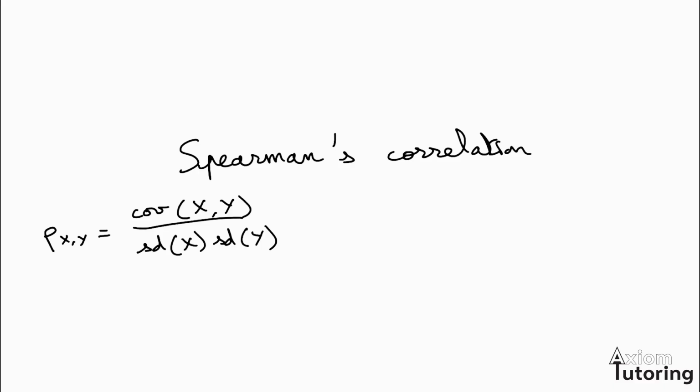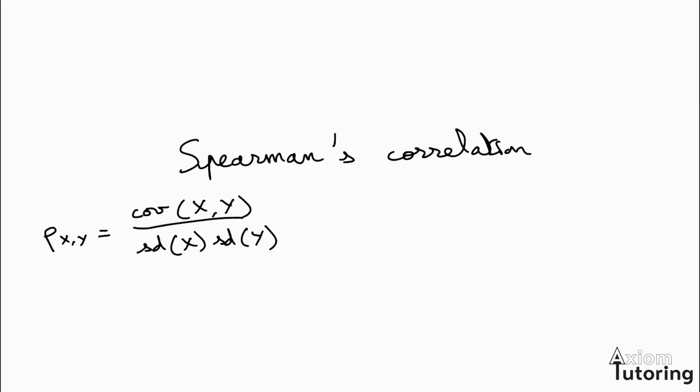Because if we only looked at the covariance, the issue is that it would be very hard for us to get a sense of whether there's a high correlation between the two variables or not, because the covariance depends on the measurement units, whereas the correlation, like Pearson's correlation, does not.